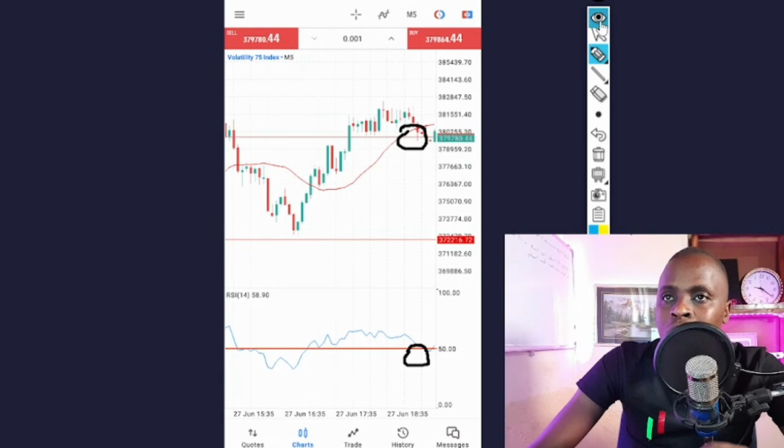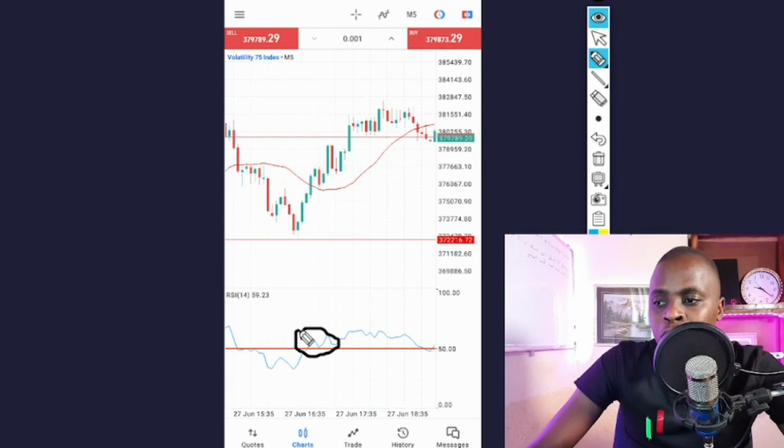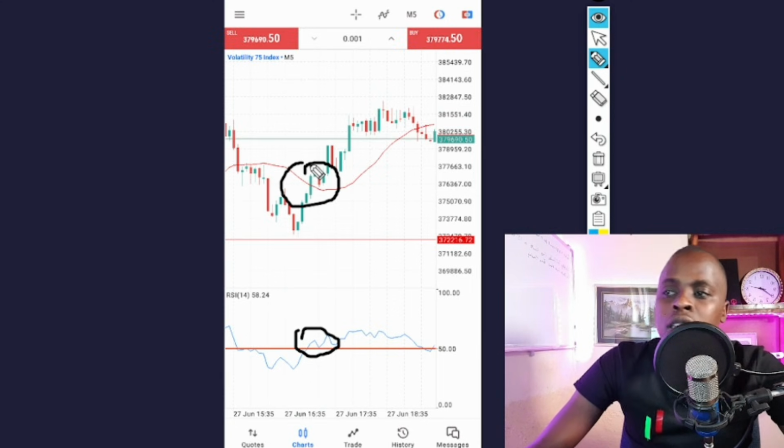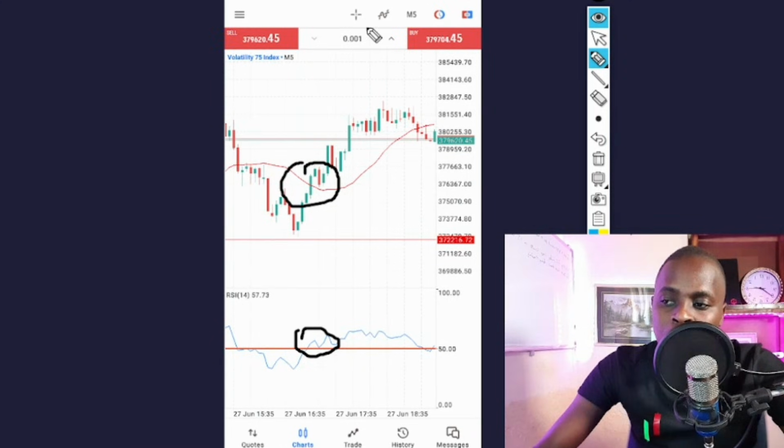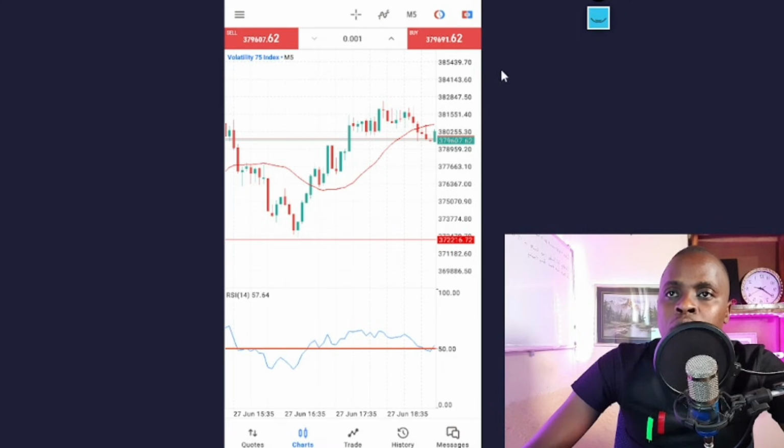Once the RSI crosses above the level 50, you want to look for buy trades. But before you buy here, once you see this crossover, you want to also wait for the market to cross above the 21 EMA. If that happens, you can place a high probability trade, and then you buy, and you expect to make money trading this Volatility 75 index.